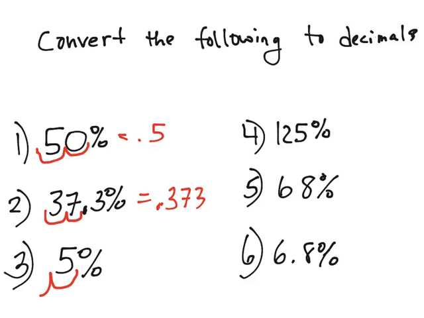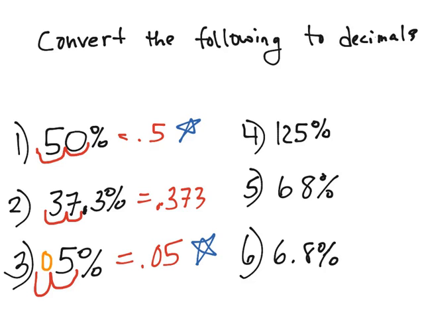So we go 1, 2 to the left, and we have an empty cup, and as always, when you have an empty cup, you fill it with a 0. So it is 5 hundredths, okay? Notice that there's a difference between this one and this one. Students often confuse the two and make a mistake about that.